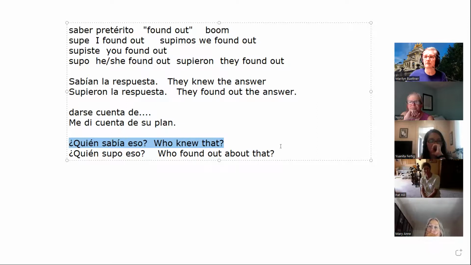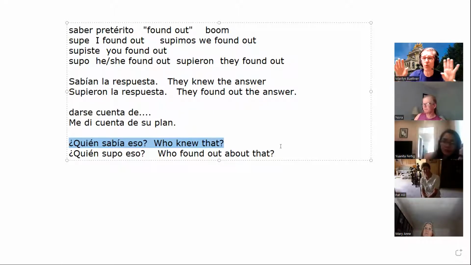I could say, I knew a few words in French. I'm just talking about stuff stored in my gray matter. The emphasis is not when I got that information. The emphasis is, I knew a fair amount. Sí, sabía un poco de francés. I knew a little bit about French. The emphasis is just that I had that information. It's not on when I got it or how quickly I got it, right?